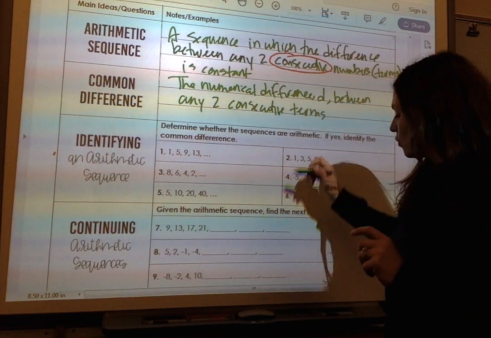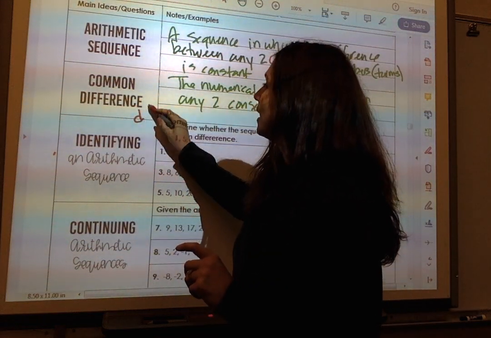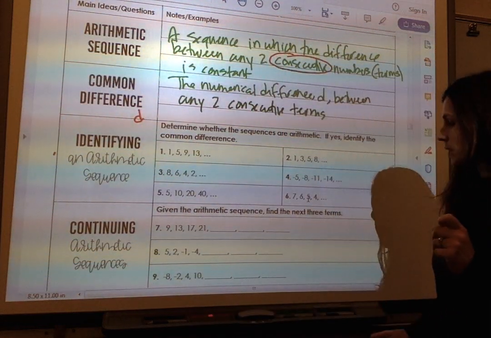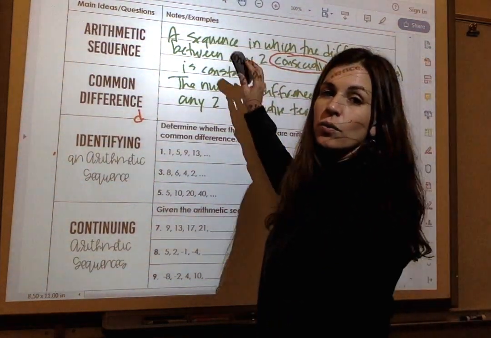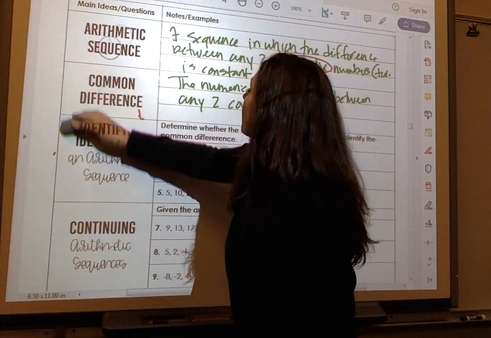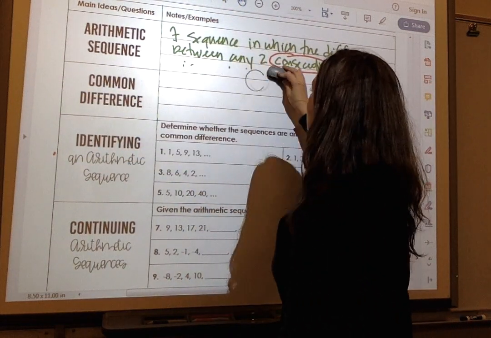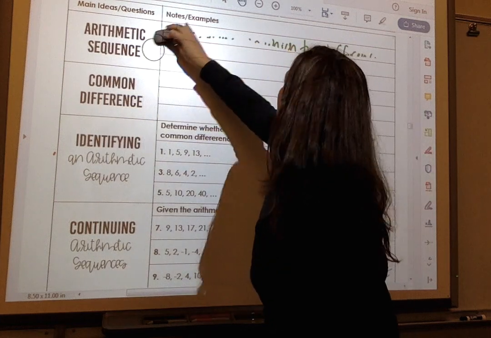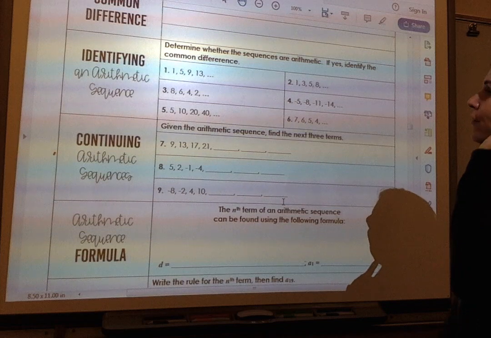And so it is understood in algebra to note a lowercase d, using the letter d, and that stands for the common difference. So let's look at identifying an arithmetic sequence. It says determine if the sequence is arithmetic. If yes, identify the common difference.